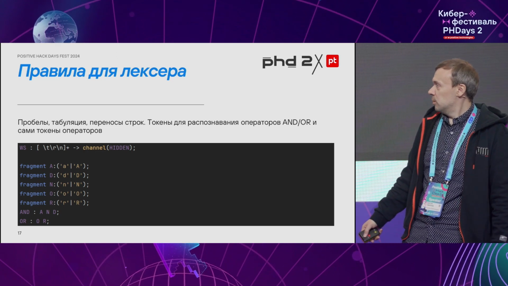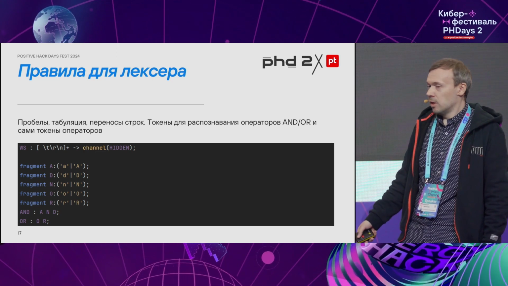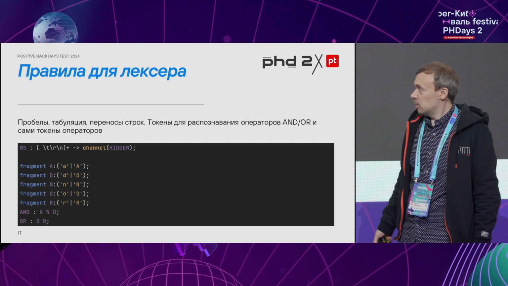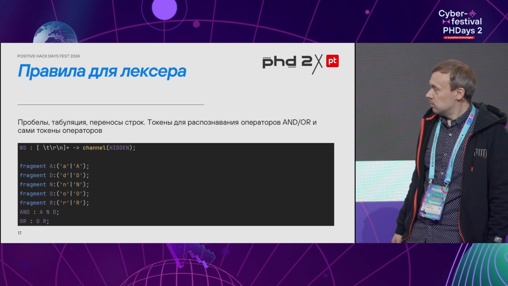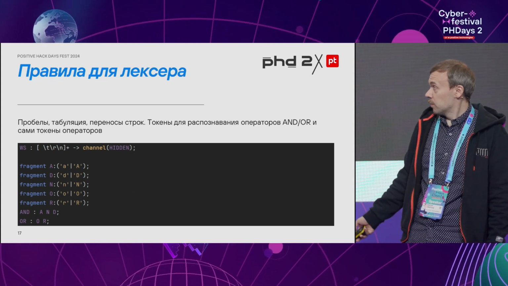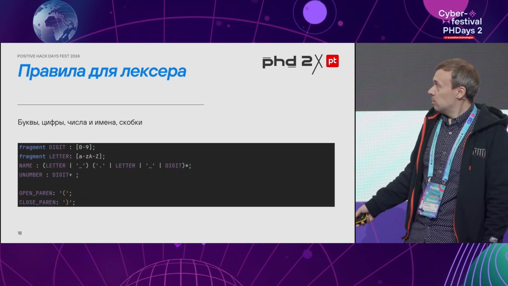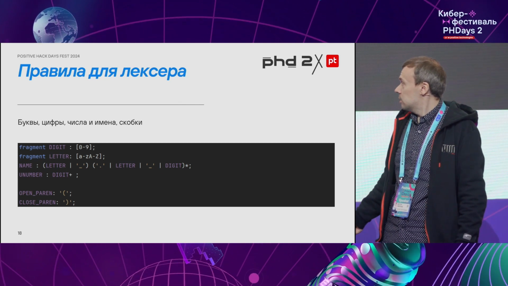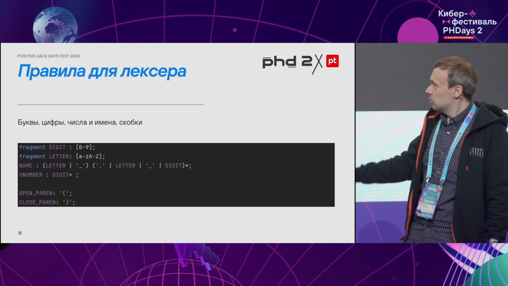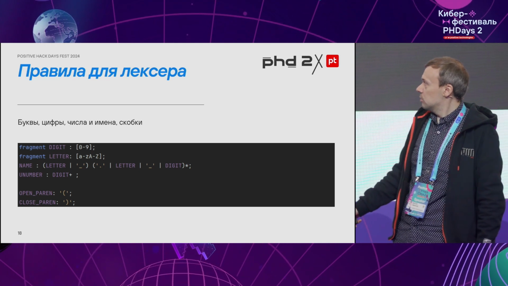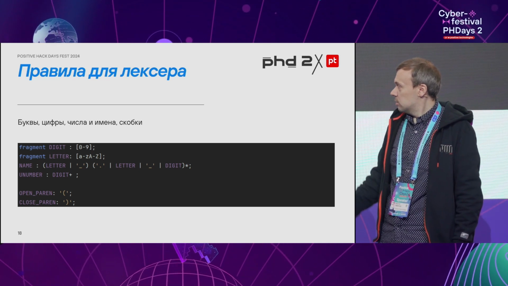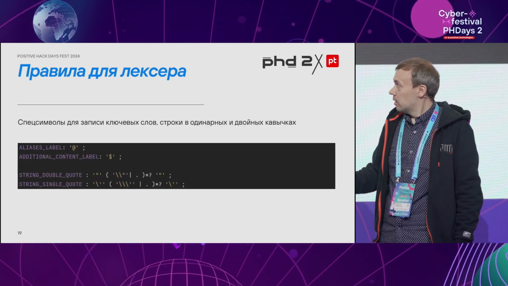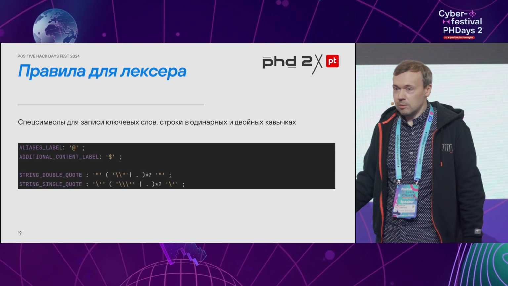And here is how we describe this: ANTLR as capital letters of the English or Latin alphabet. Then we can create 2 operators from this, AND and OR. Besides that, we need letters, digits, numbers, names, which can be compound using dots inside of them. And we also have tokens for parentheses or brackets.